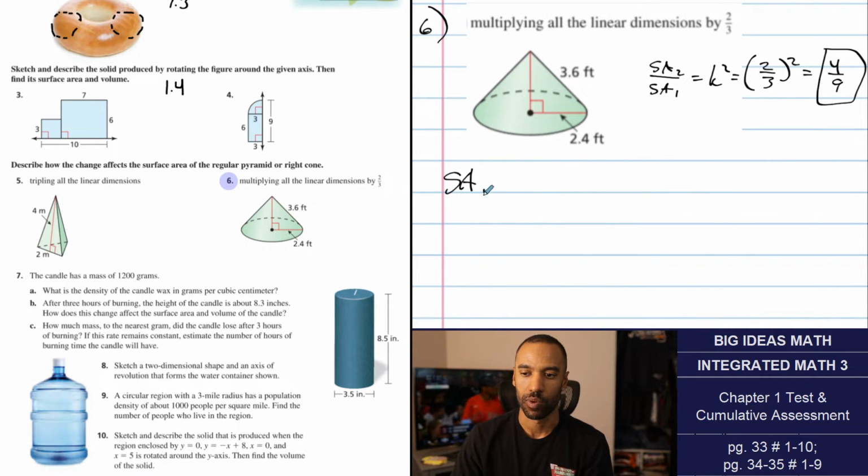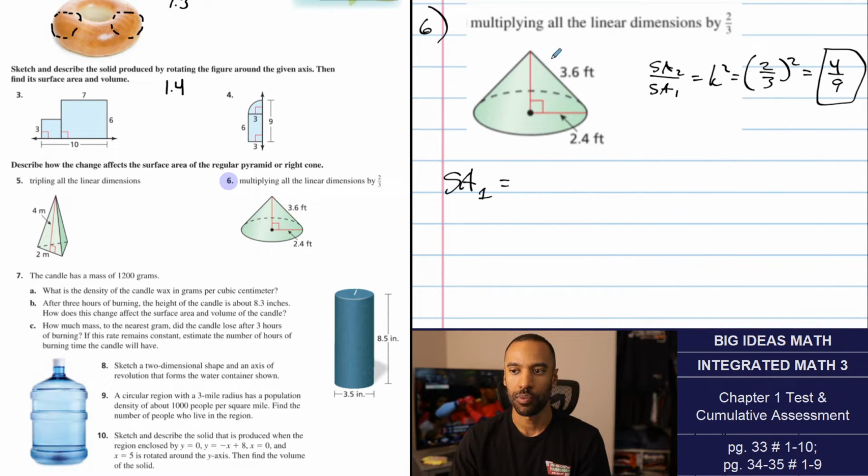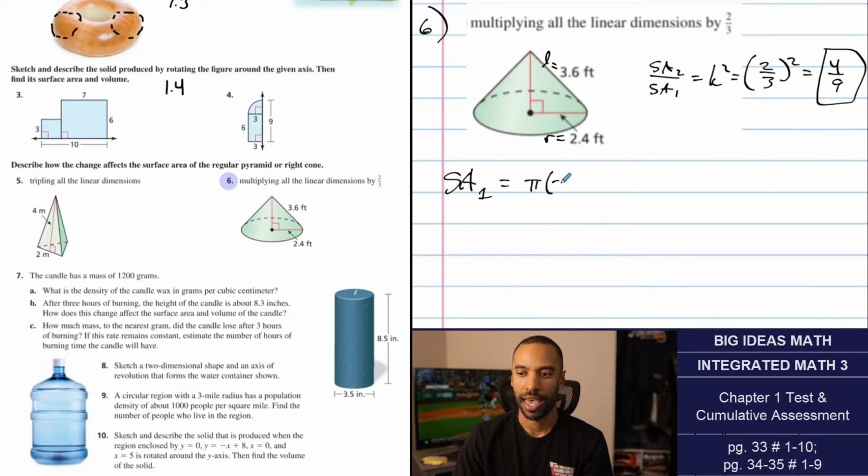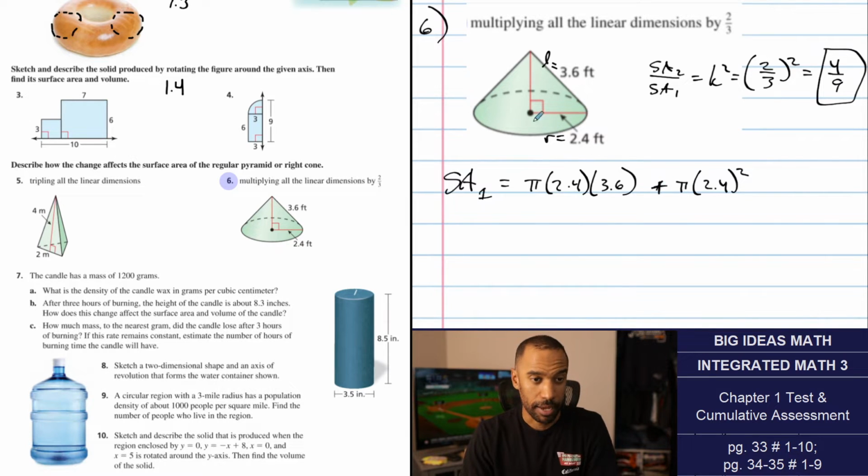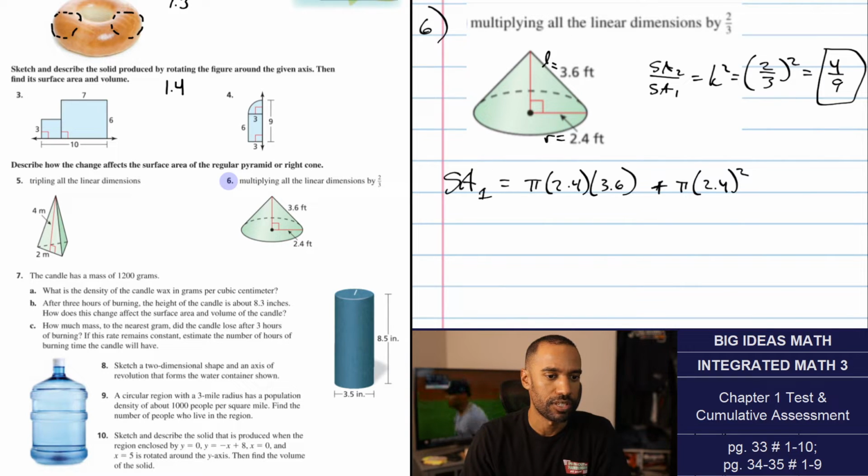Surface area of object 1, the original cone. We have everything we need. This is slant height. This is radius. We don't need to find the height itself, not for surface area. We're going to do pi r l plus pi r squared. This is lateral area plus the base area. I need my calculator though. So 2.4 times 3.6 is 8.64.